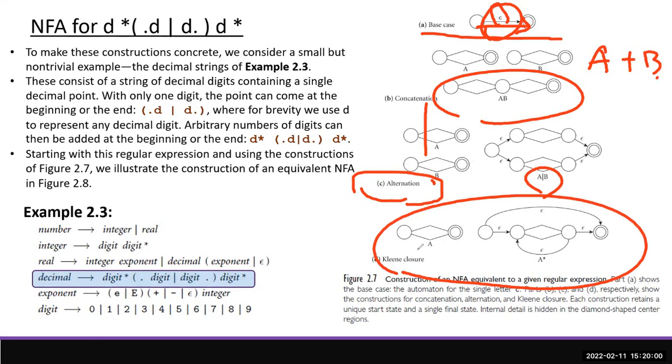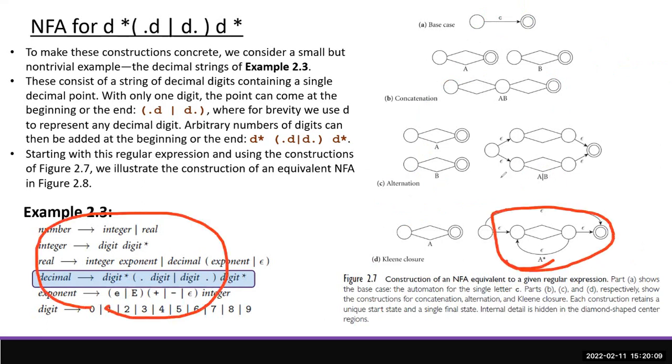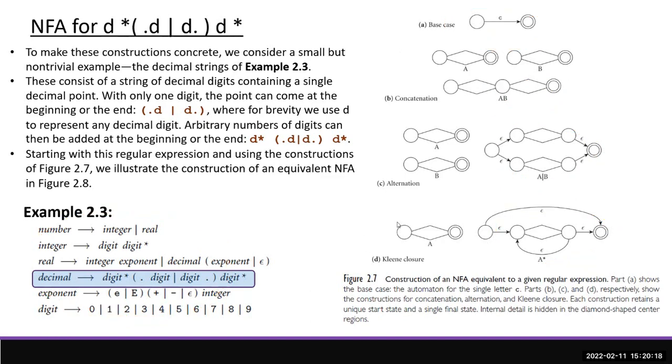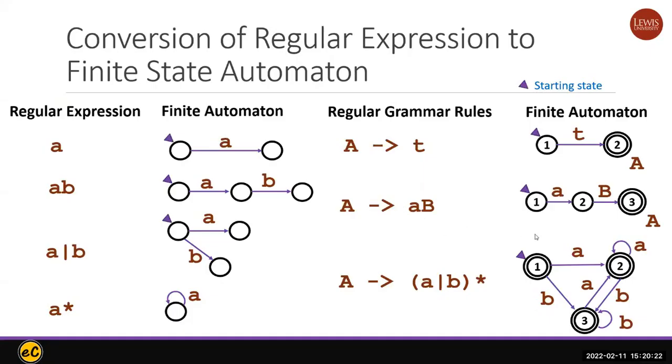So basically, this shows you that your regular grammar or regular expression can be mapped to a non-deterministic finite state machine automatically using these A, B, C, D rules, okay. And that is the translation that we talked about over here as well.